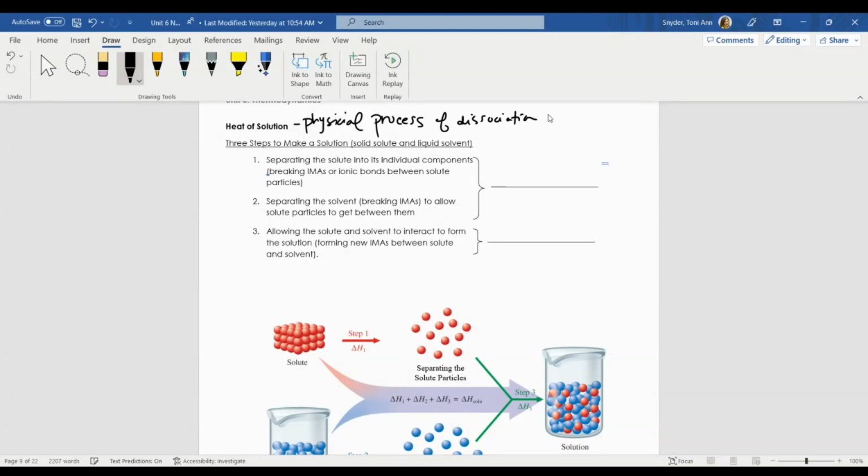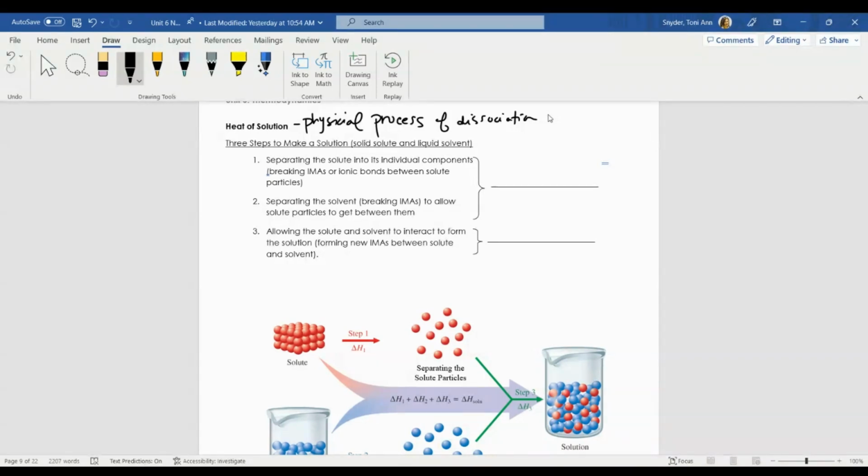A lot of times when you dissolve something in water, that particular substance might feel very warm or it might feel very cold. So for example, when I make a hydrochloric acid solution, that hydrochloric acid tends to feel very warm. However, if you dissolve calcium chloride in water, calcium chloride gets very cold in solution. So that is an endothermic process.